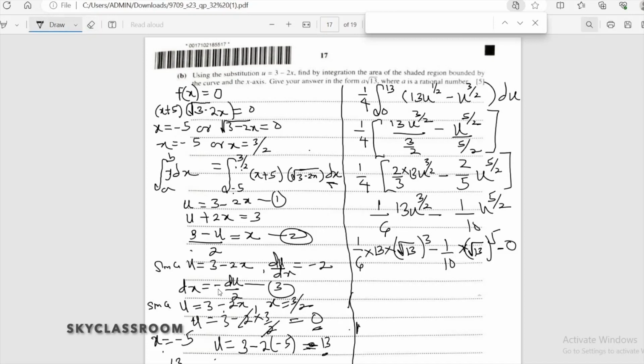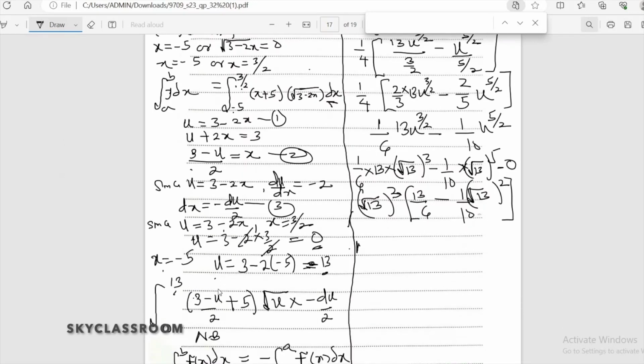Now, from here, root 13 cubed is common. So root 13 cubed, bring it out. So what I have inside is 13 over 6 minus 1 over 10 root 13 square.